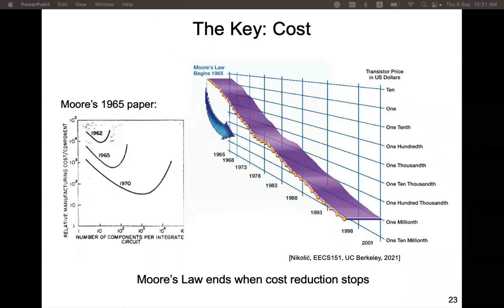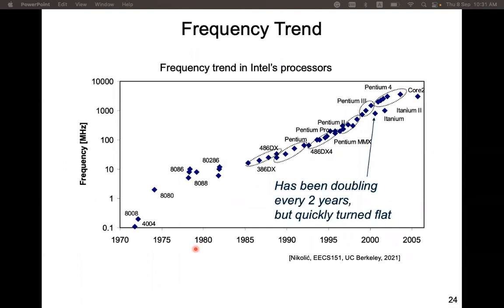So apart from the transistor count trend, there are other technology trends for modern digital circuits. The clock frequency of digital circuits has been increasing exponentially in the past.